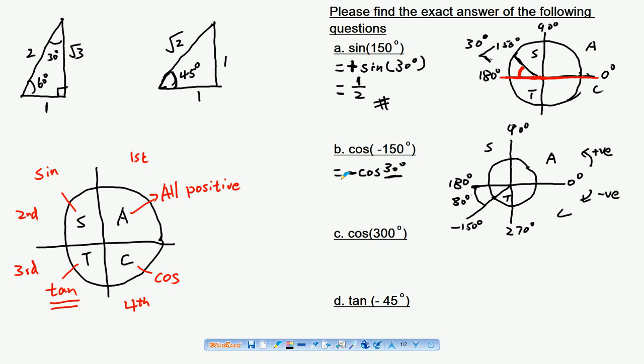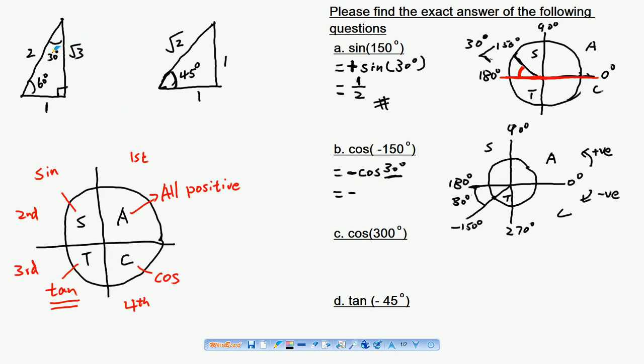The minus sign came from the CAST in our unit circle, and 30 degrees is basically the difference between our angle and the horizontal line in your unit circle. Now, we can easily find minus cos 30 degrees from our special triangles.